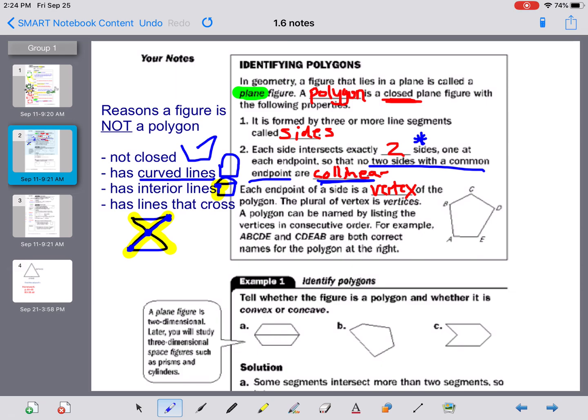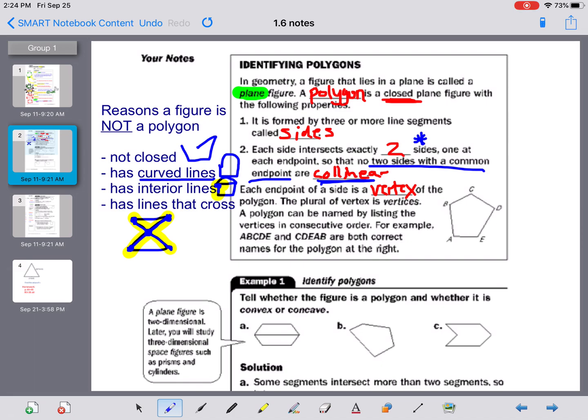As soon as I see this point that has some intersection points that make things cross each other, we end up not being able to have sides with a common endpoint that are not collinear. So that's the reason we can't have those. To be honest, the reasons I have in the margin are a perfectly acceptable reason to give on a test, quiz, or homework assignment for why something is not a polygon.